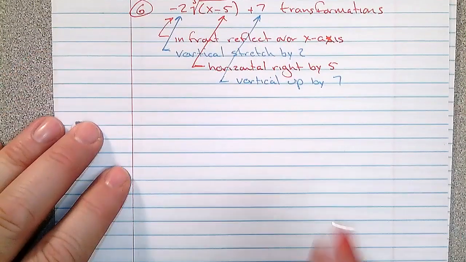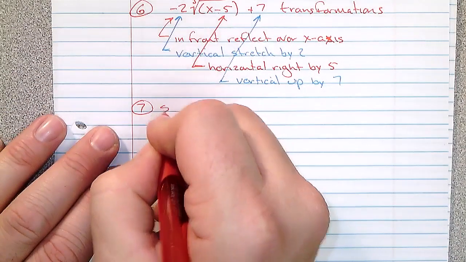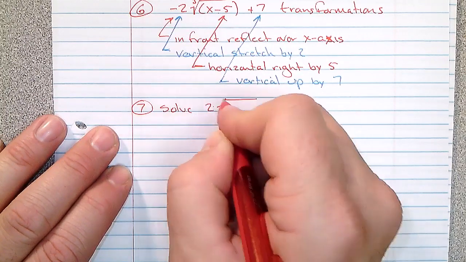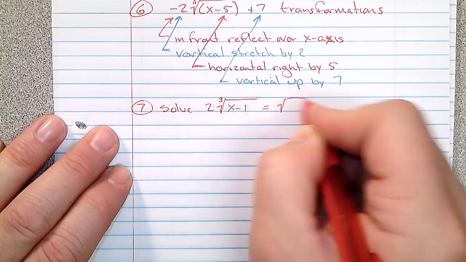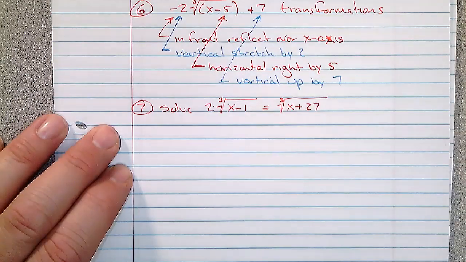Number 7. So we have solve 2 third root x minus 1 equals third root x plus 27.